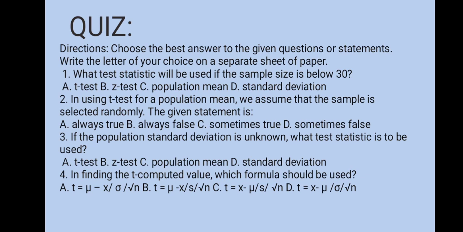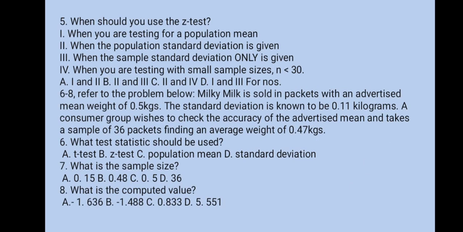C. T is equal to x bar minus population mean divided by s over square root of n. D. T is equal to x bar minus population mean divided by population standard deviation over square root of n. Number 5. When should you use the z-test?